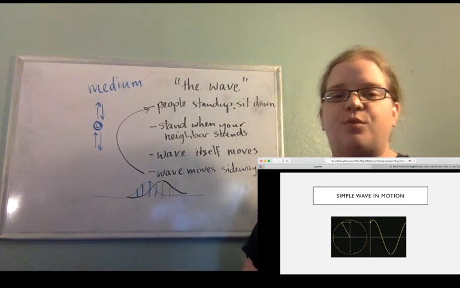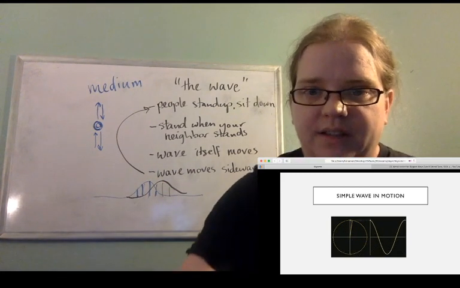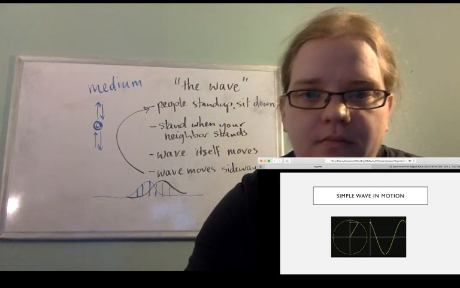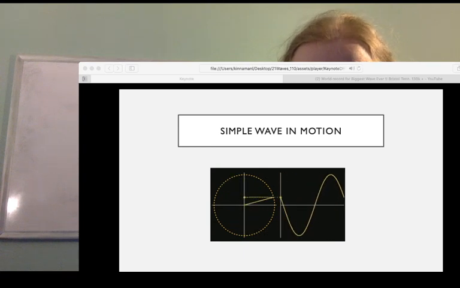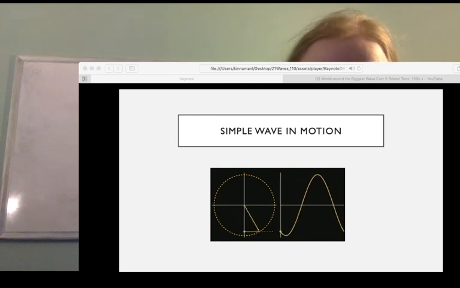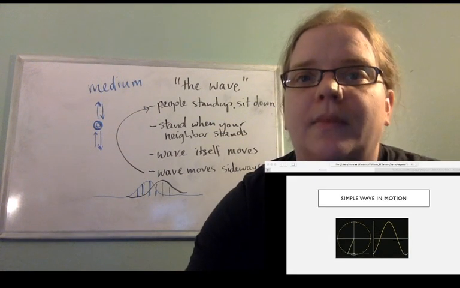So the wave has a definite speed. If you watch the top part of the wave, the very tippy top, that moves to the right at a definite speed. So that speed is what we would use as the wave speed.